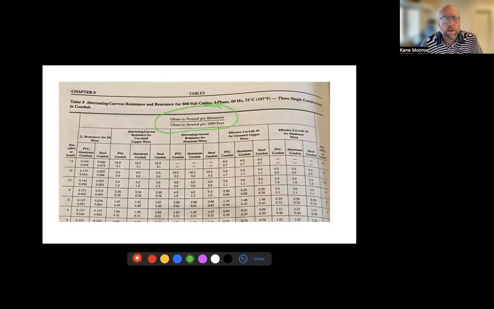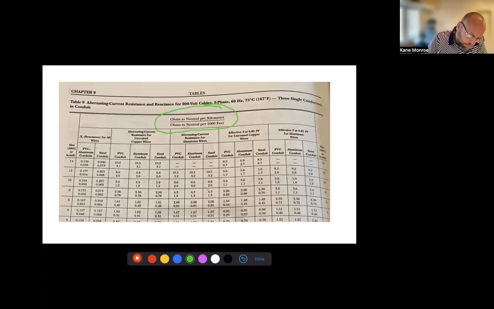That right there tells you how to use the table, how the table's laid out. The top one, ohms to neutral per kilometer, and ohms to neutral per 1,000 feet, I'm sorry. And we know that when we're taking the test that we don't use the metric system.